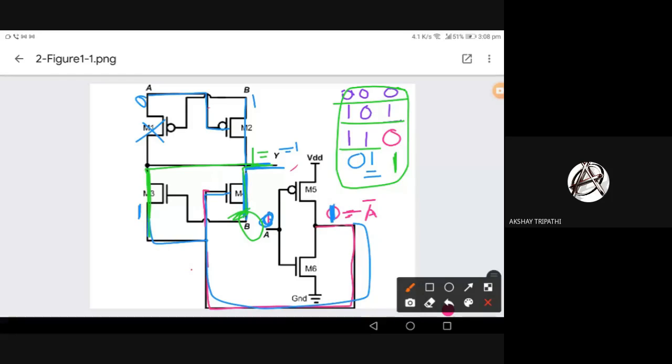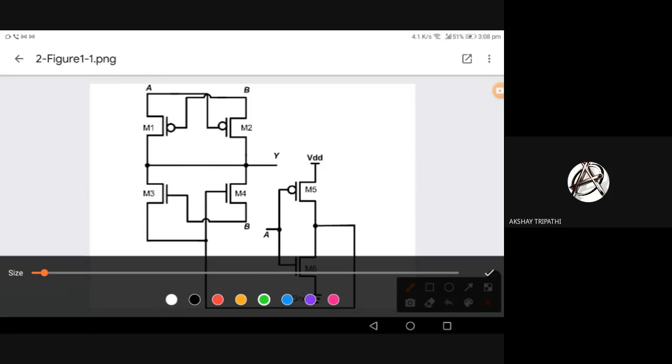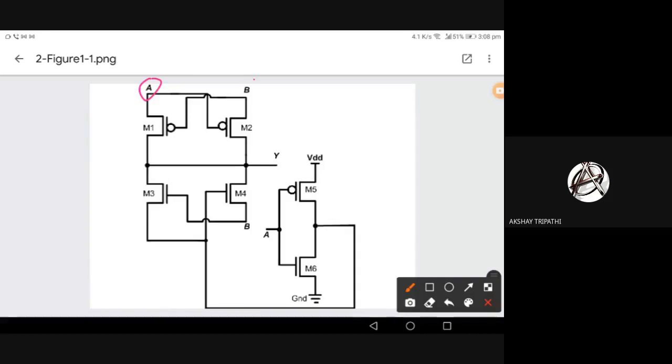Although, if you know this is a perfect design, this can be analyzed much more easily. You just focus on the top. You already have these two things, A and B, and just analyzing the top part of the circuit, you can understand what the output value is.